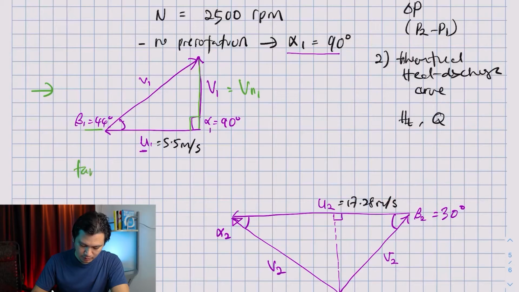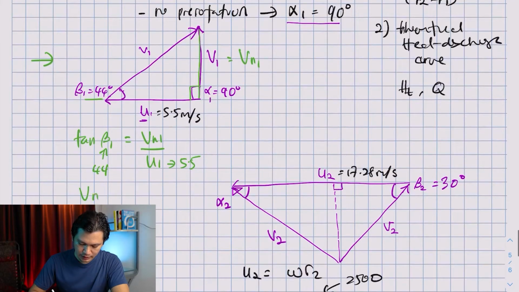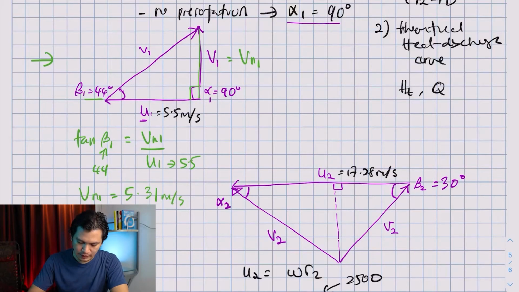Tangent beta 1 is Vn1 divided by U1. We know that U1 is 5.5 and beta 1 is 44. So your Vn1 is 5.5 tangent 44. This is 5.31 meter per second. Let me write it here. This is 5.31 meter per second.